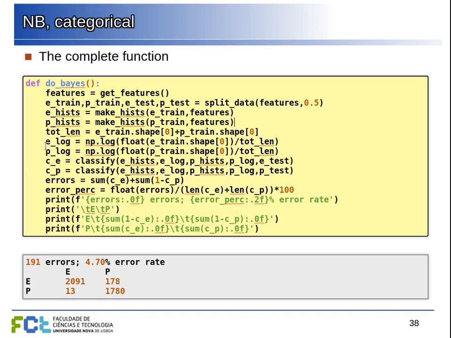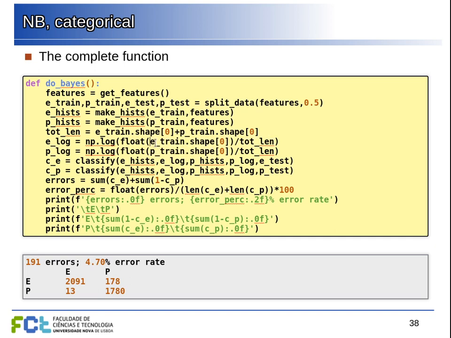We also need the logarithm of the probability of being edible and poisonous. So this is basically the number of examples in the edible training set divided by the total number of examples in the training set, and the same for the poisons.